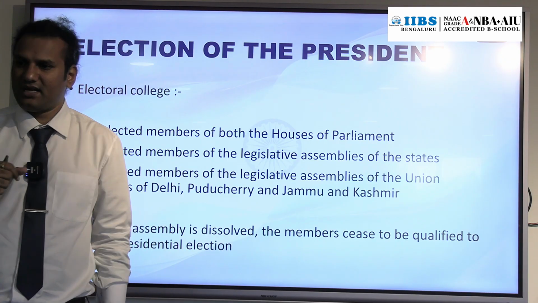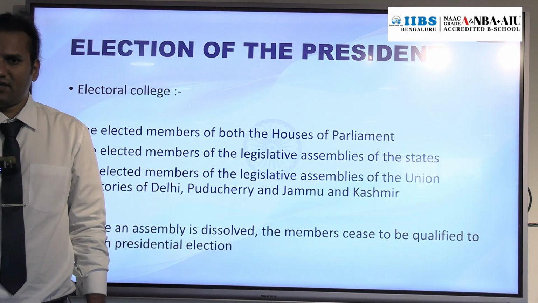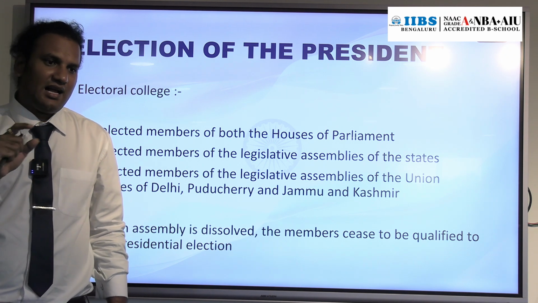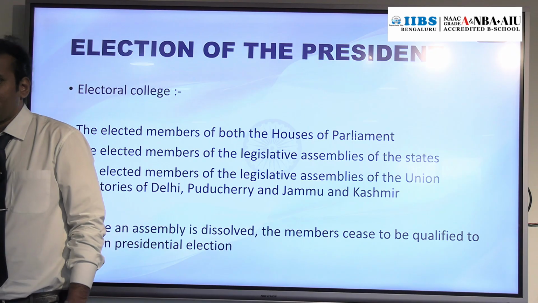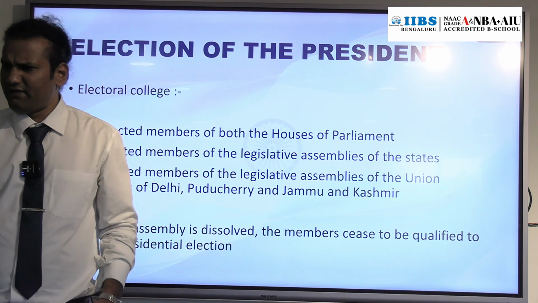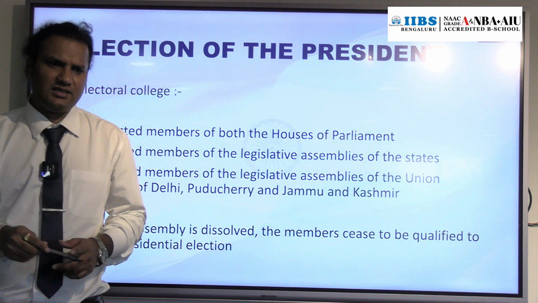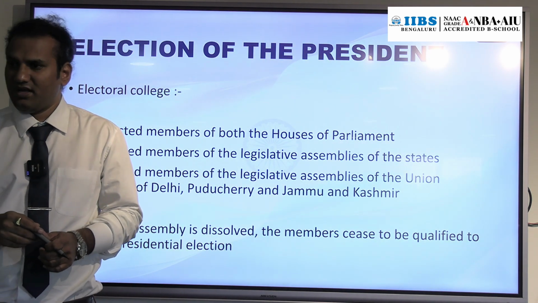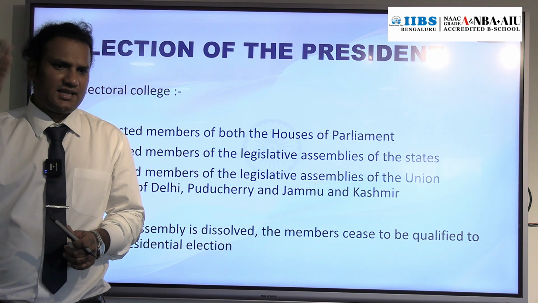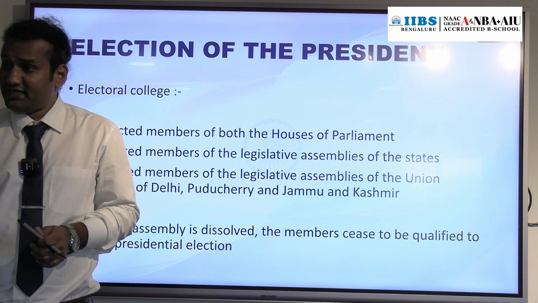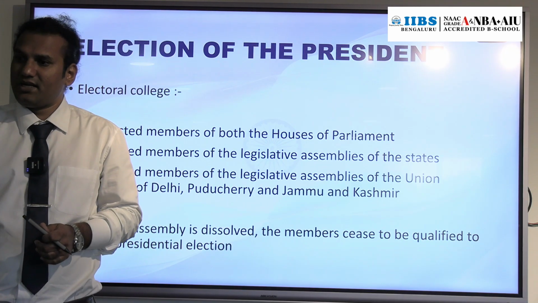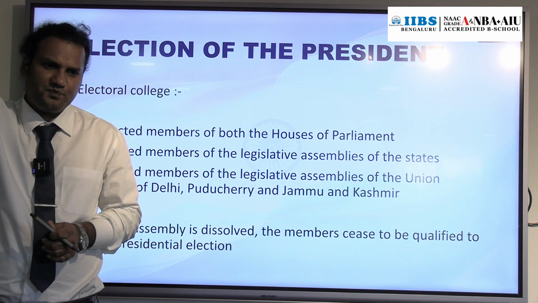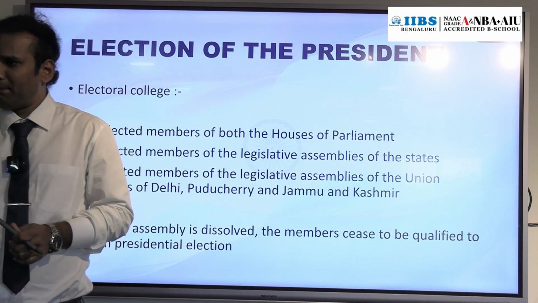Students, I hope you know that generally we have 2 types of methods of election: one is direct election, another is indirect election. Direct election means the voter directly can elect their representative. Indirect election means voters elect their representative and the representative will elect for another post.